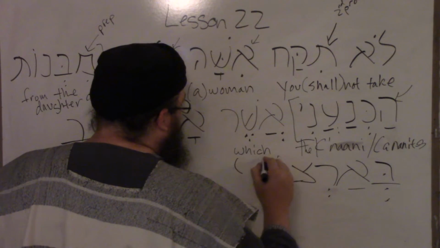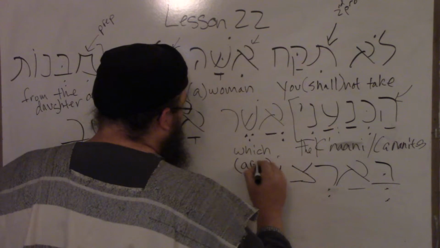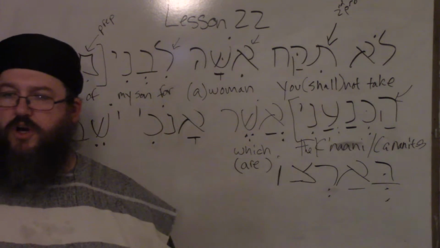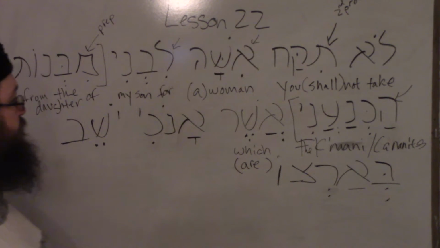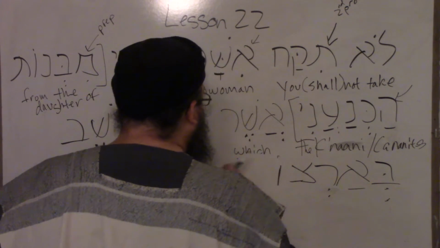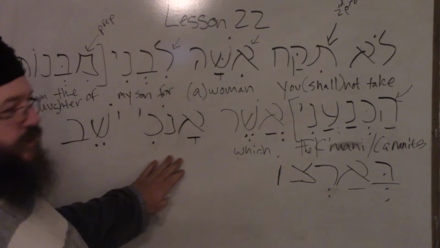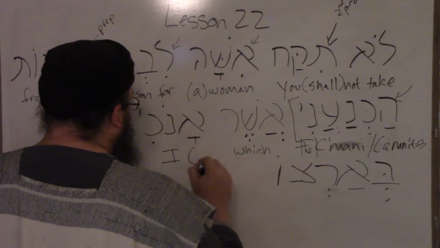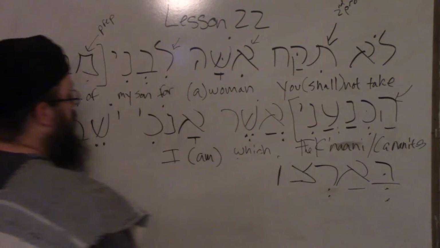And here we're going to have to interpose the word are. Why are we having to interpose it? No, in this case not, sorry. Which, and then we go to Anochi, I, and this is where we're going to have to interpose am. Why am?